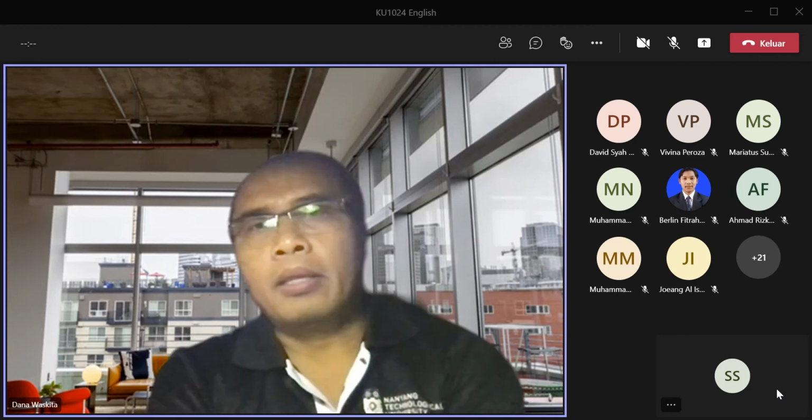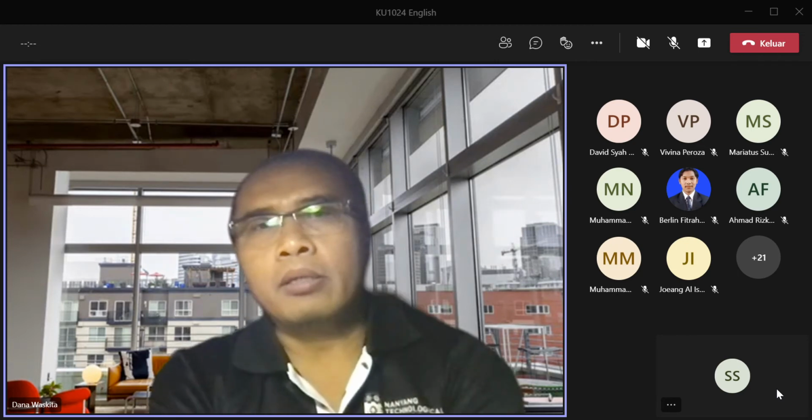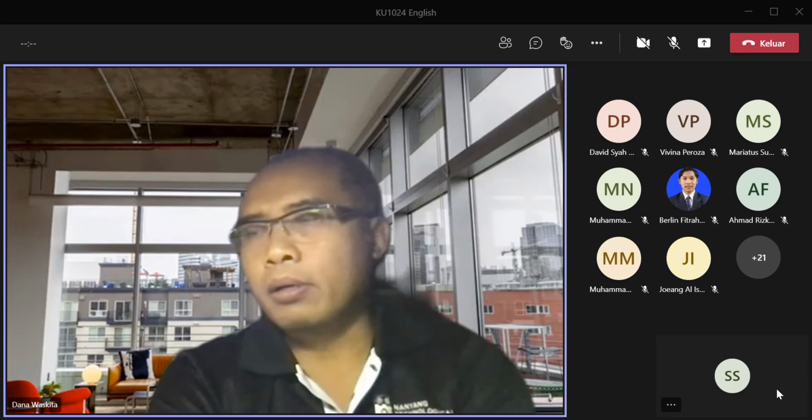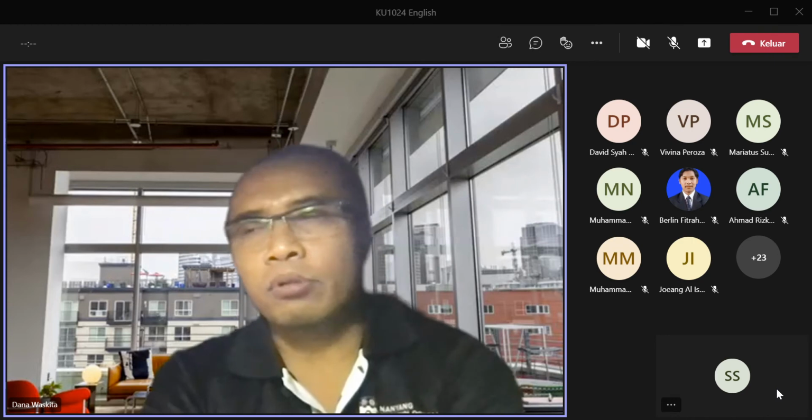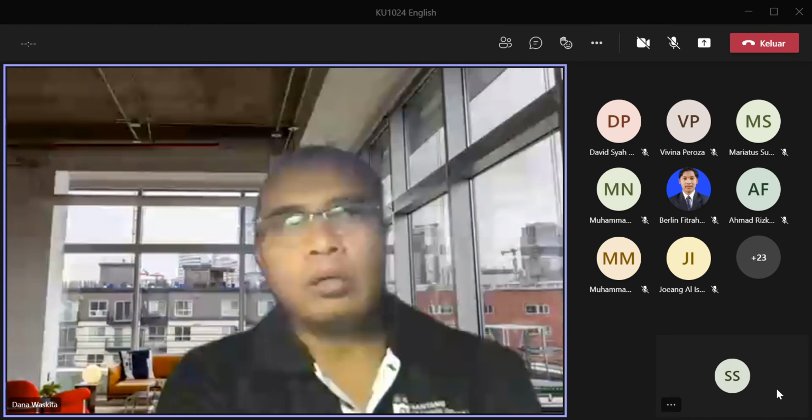And then after learning how to make a summary, you apply it in your group discussion later. In the group discussion, you have to make a summary based on the article that is also already uploaded in the Schoology.